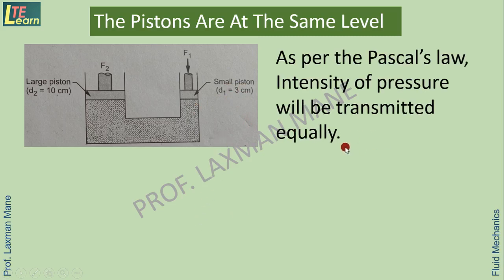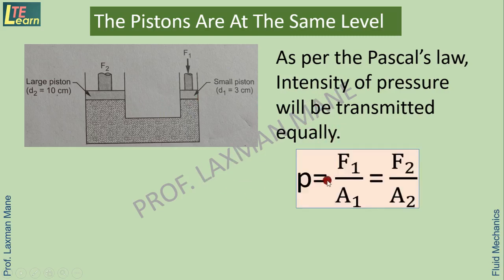As per Pascal's law, and since the pistons are at the same level, the intensity of pressure is transmitted equally in all directions. So P is equal to F1 upon A1, the ratio of force to area for the small piston, is equal to F2 upon A2, the ratio of force and area for the large piston.